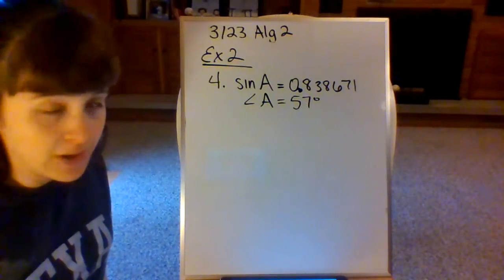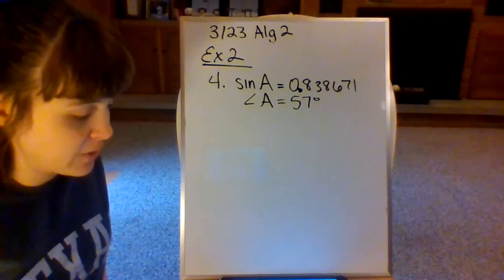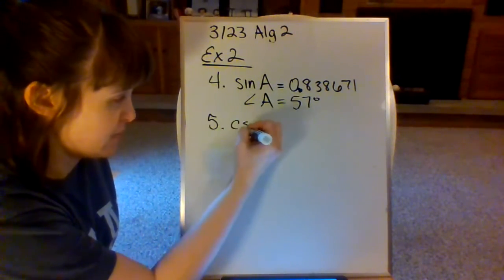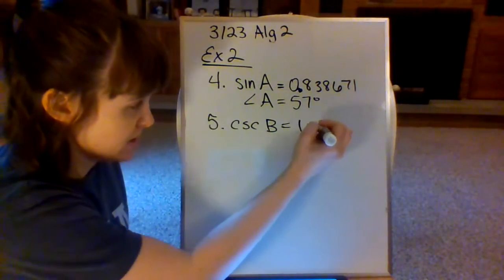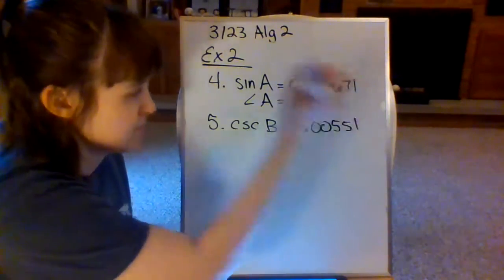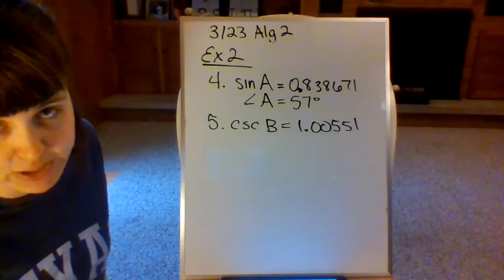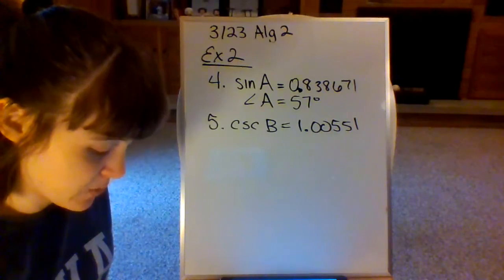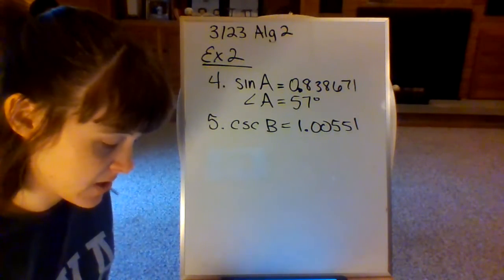Alright, now number 5, we're going to do cosecant of an angle. So number 5 says cosecant B equals 1.00551. Okay, now there's one extra step to this since it's the reciprocal of sine. So we're going to type in the decimal first, so 1.00551.